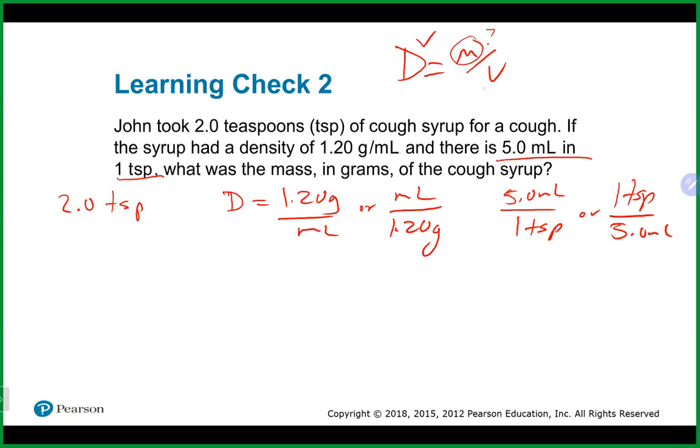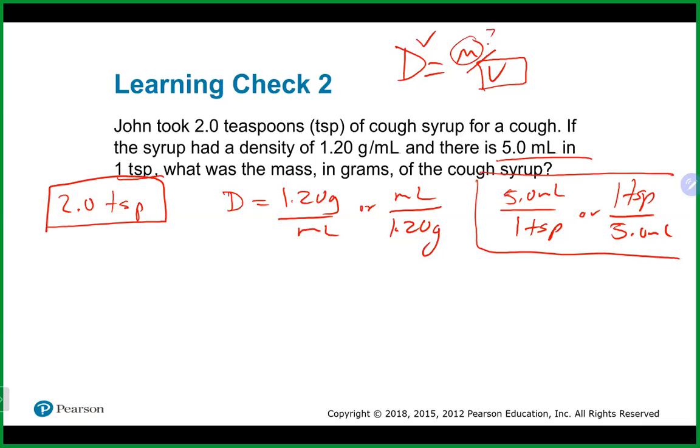So in order to get there, we need to figure out the volume that he took. The conversion factor will allow us to do that. We need to use it to turn teaspoons into milliliters so that we can then use our milliliters in our density to get to grams. So we have to get the volume to figure out the mass.